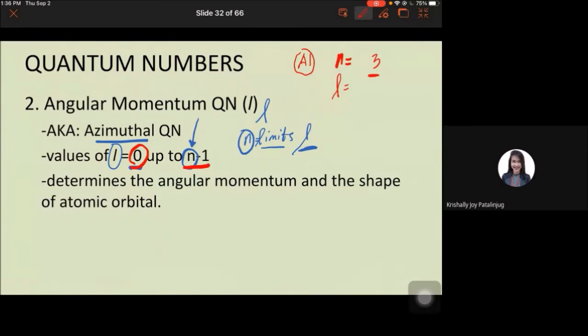So, yung mga values ng L is 0. Ano pa? 1 and 2. Nakuha? Kasi nga, 0 up to n minus 1. Okay, so 0, 1, and 2.